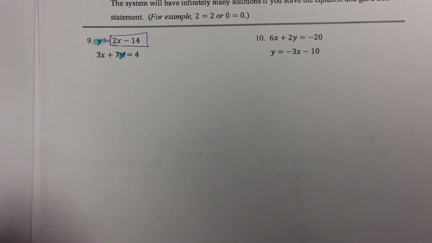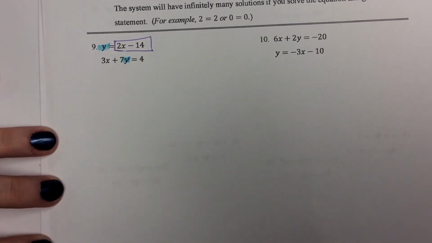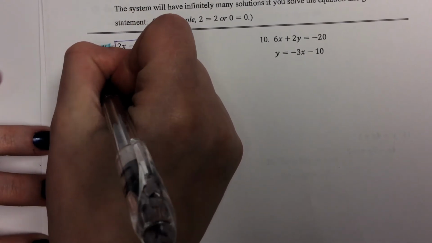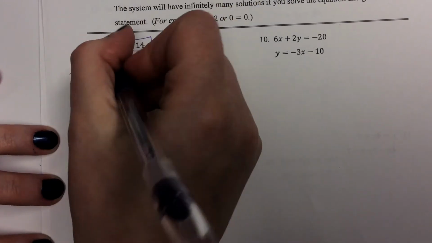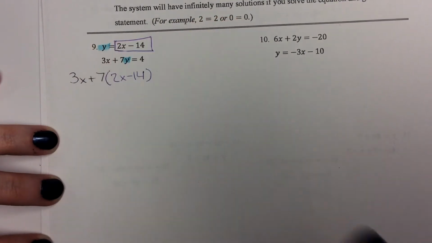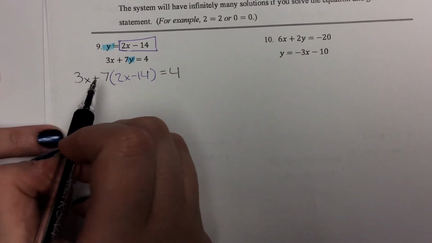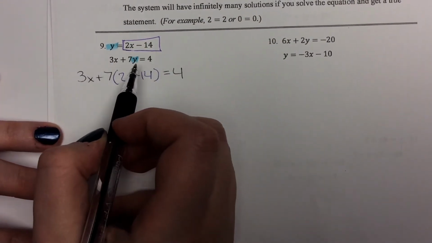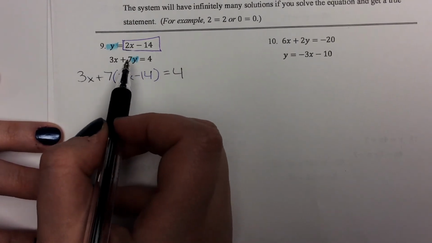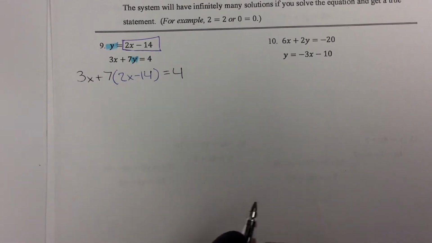Okay, so this is going to look like this. Okay, all I did was I rewrote this second equation with the first one substituted in where y was. So instead of 7 times y, I have 7 times whatever y was equal to at the top.